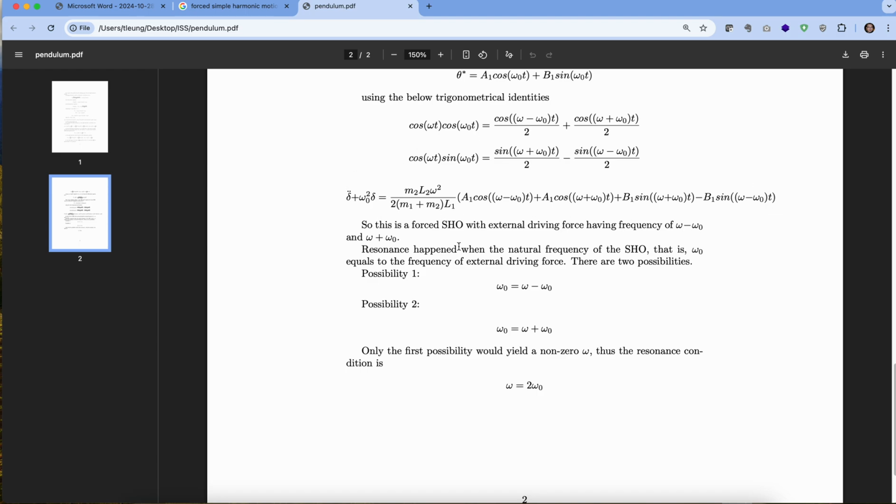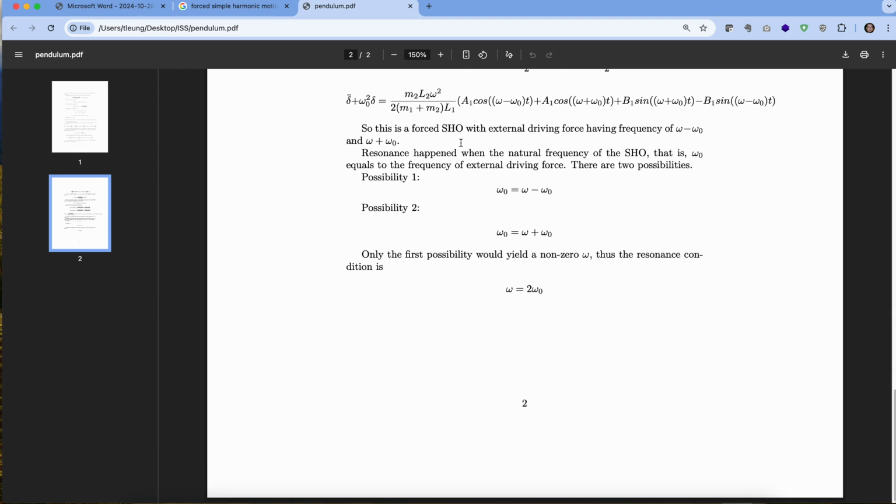So this is a forced simple harmonic motion with external driving force having frequency of either omega minus omega naught or omega plus omega naught. Resonance happens when the natural frequency of the simple harmonic oscillator, that is omega naught, equals the frequency of the driving force.